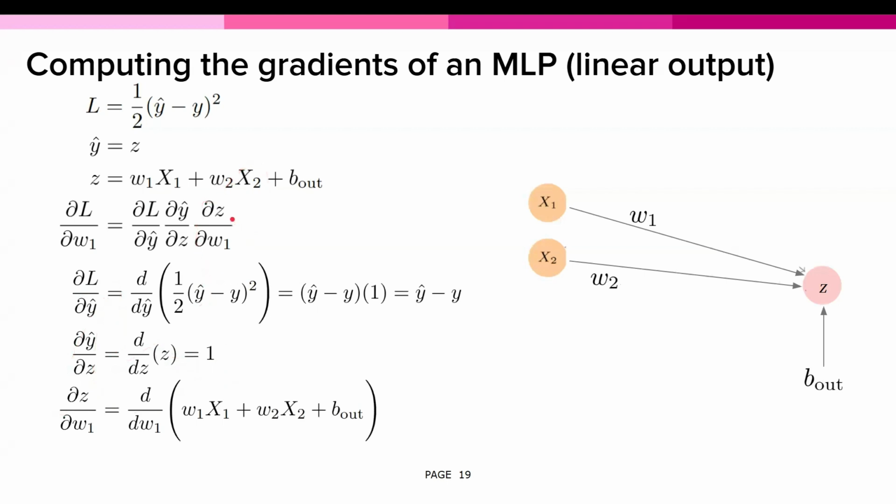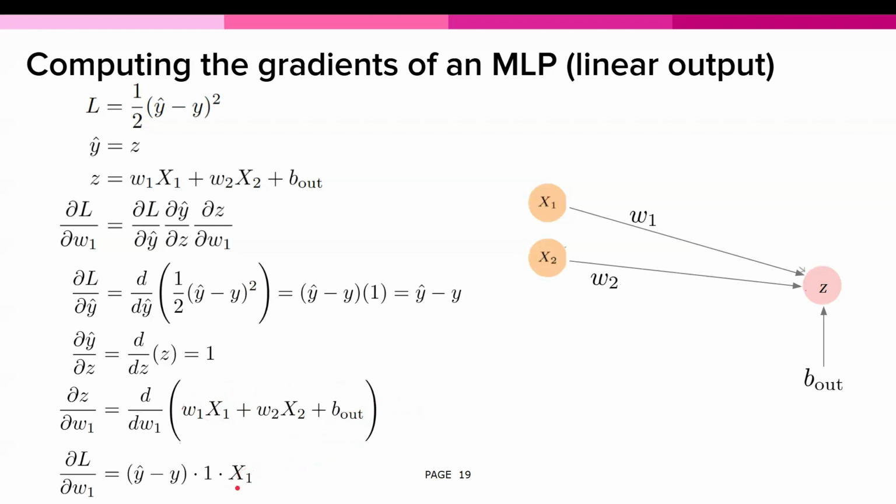Then last but not least, the partial derivative of z with respect to w1. That's d by dw1 of this function here. From the perspective of w1, these two terms are just constants, and the only thing that w1 cares about is the value of input feature x1. So that would simply be x1.